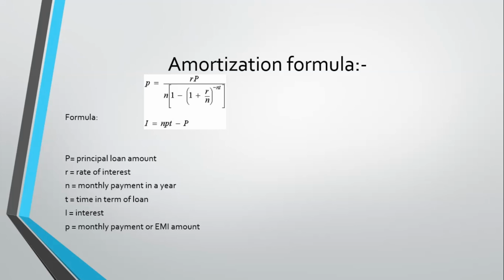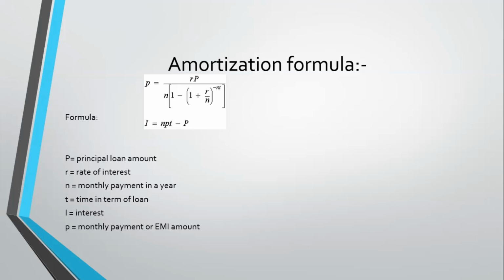Next, amortization formula. Formula: p equal rP per n, 1 minus 1 plus r per n in bracket power of negative nt. I equal npt minus P uppercase.